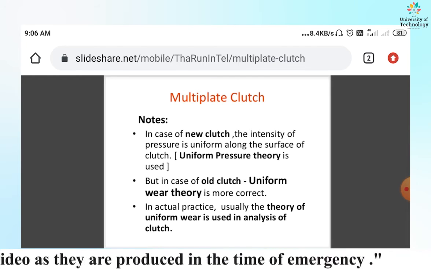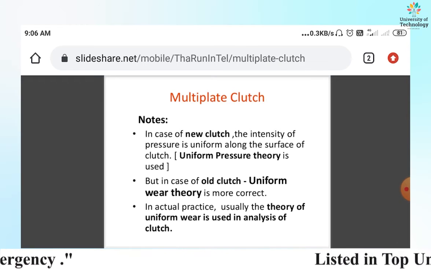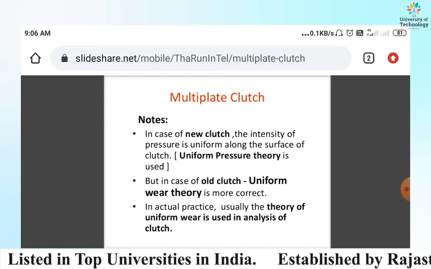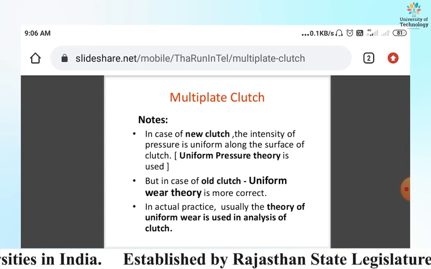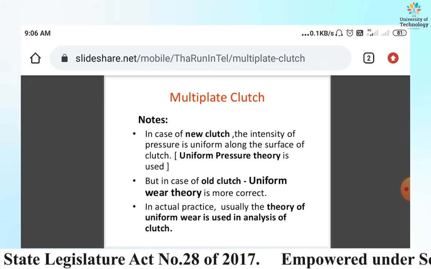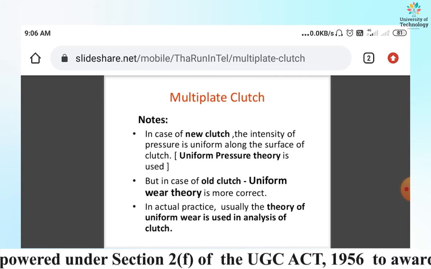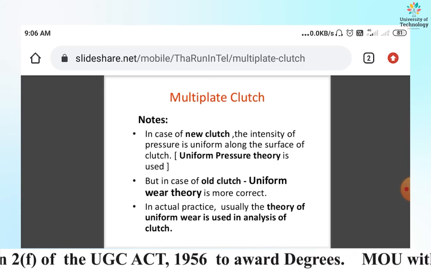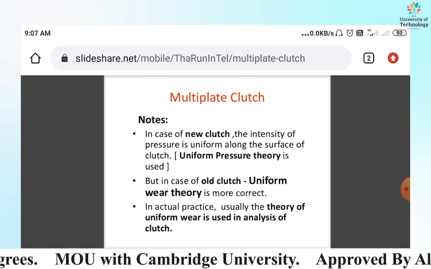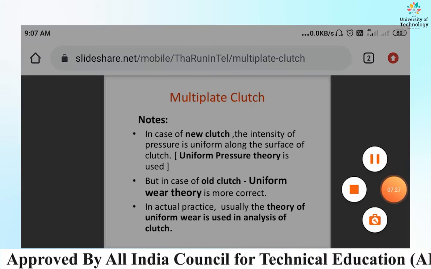It means when the multiplate clutch is old, the wear of the clutch plates follows the uniform wear theory, which is more correct than the uniform pressure theory used for a new clutch. In actual practice, the theory of uniform wear is usually used in the analysis of a clutch.